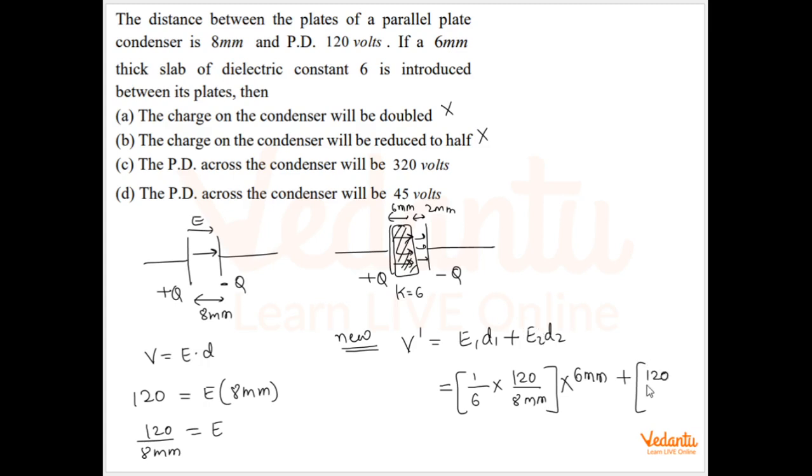So I will just write down the original electric field into the width d2. Now that will become, my dear bachcha log, 120 divided by 8, 30 divided by 2, that is 15 volts, plus 120 divided by 4 is 30. So that will become 45 volts. Option D would be the correct answer. The new potential difference would be 45 volts.